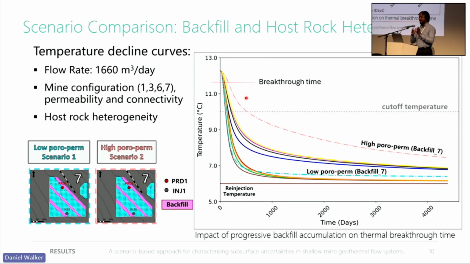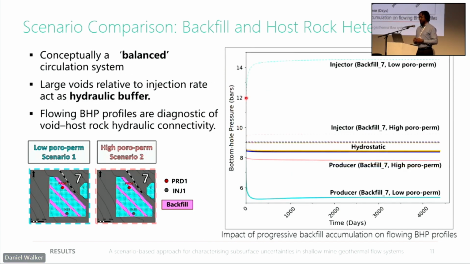Now, note that there is a disconnect between the producer and the injector. And the impact is felt more in the high host rock permeability scenario, right? But that picture won't be complete until we show the pressure evolution, right?